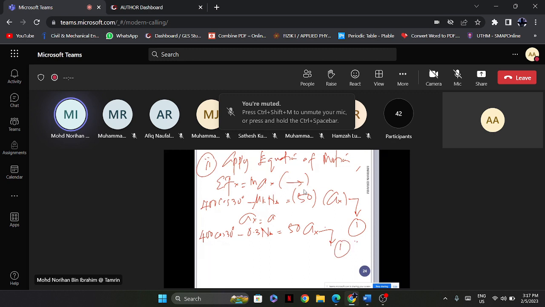If you look at this equation, we have two unknowns, which are N A and also a subscript x. And therefore, we cannot solve this problem.